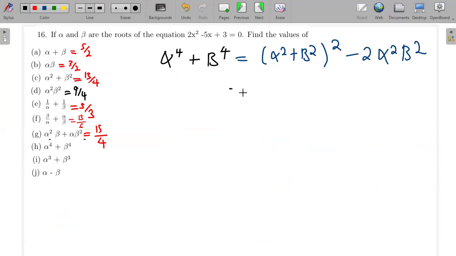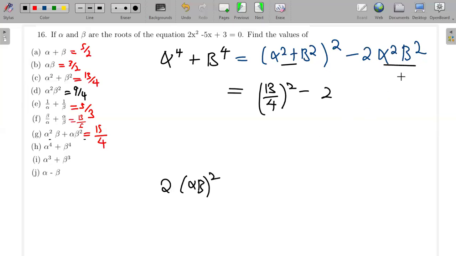The value of this is 13/4, then squared, minus 2 times alpha beta, squared outside like that. Or we can just simply add the value of alpha beta, because we already have it, which is 9 over 4.